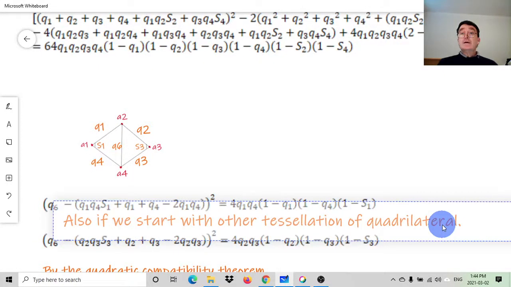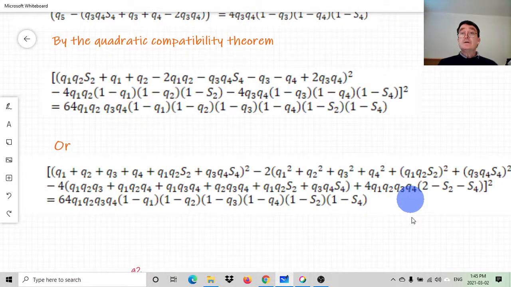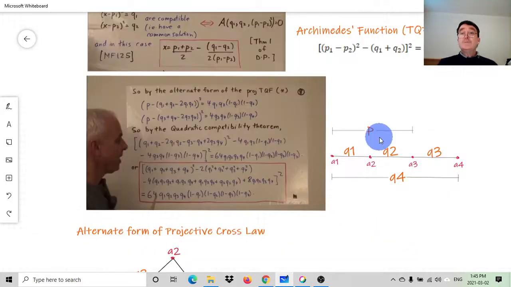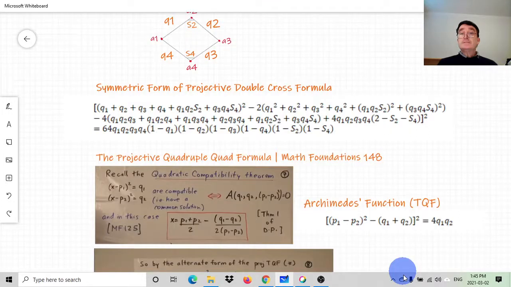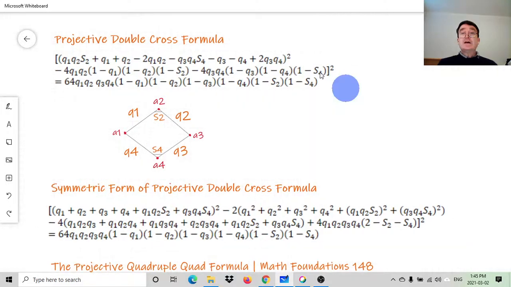To summarize, I have presented the projective double cross formula, and it gives a relation for a quadrilateral consisting of points A1, A2, A3, A4, side quadrances Q1, Q2, Q3, Q4, and spreads S2 and S4.